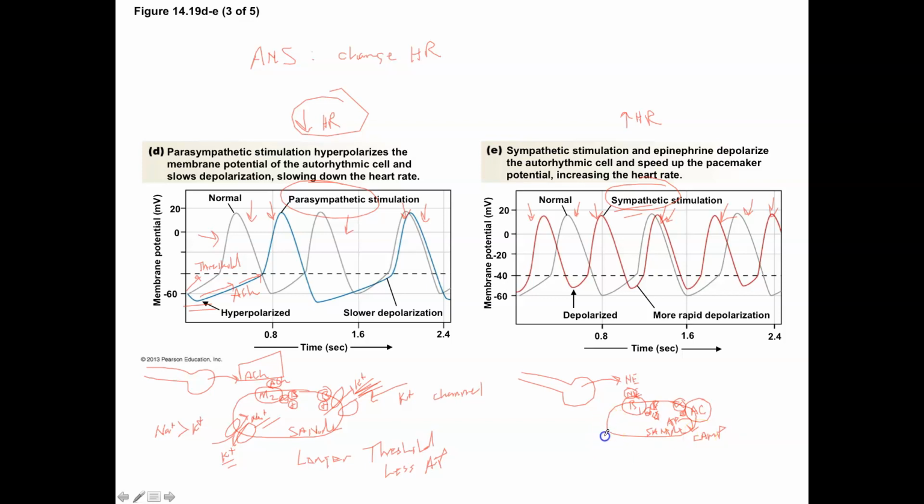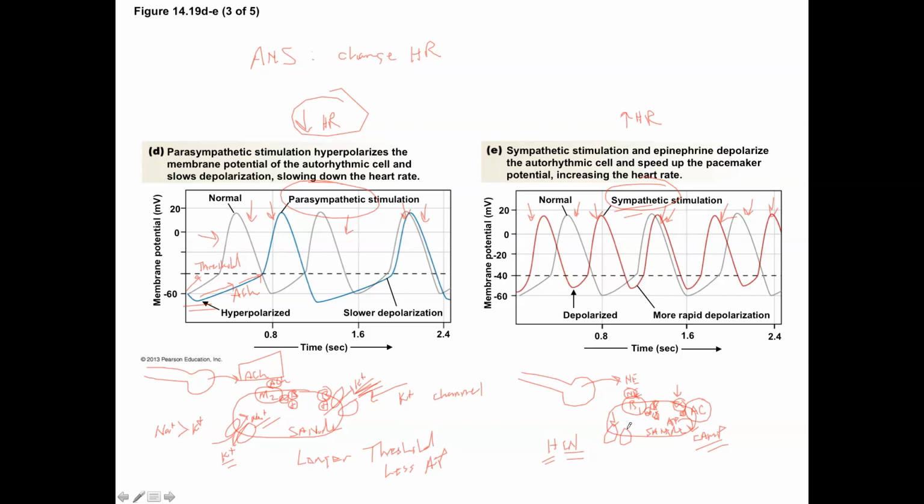And it turns out that cyclic AMP can affect the HCN channels because the HCN channels are hyperpolarizing cyclic nucleotide channels. So norepinephrine binds to a beta-1 receptor, the alpha subunit becomes active, turns on adenylate cyclase, and you create cyclic AMP. Cyclic AMP is going to influence the HCN channels.